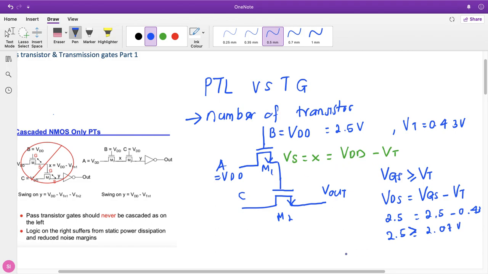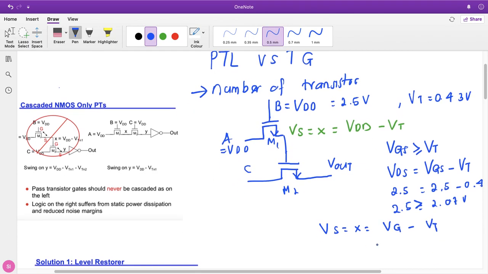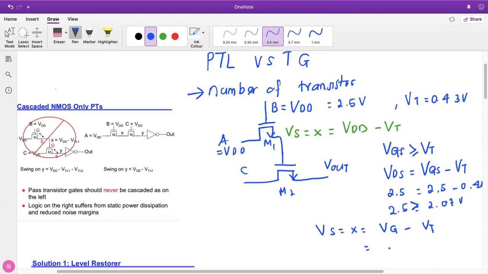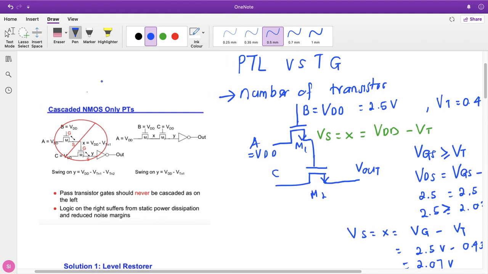Therefore, Vs, which is X, is equal to Vg minus Vt, where Vg is stated at 2.5 volt minus 0.43 volt, equal to 2.07 volt.